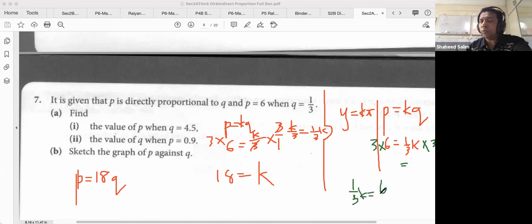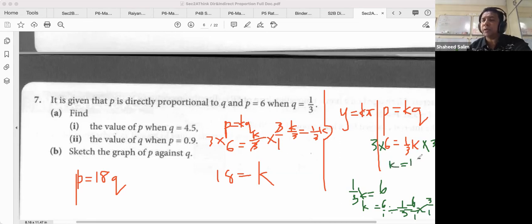So you want to find what is k. K equals to 6 divided by 1/3. 6 over 1 divided by 1/3. You can use your calculator also, you will get 18. If you want to do working, 6 over 1 times 3 over 1, because you got to do the flip, right? Times 3 over 1, you will get 18. So you will get k equals to 18.